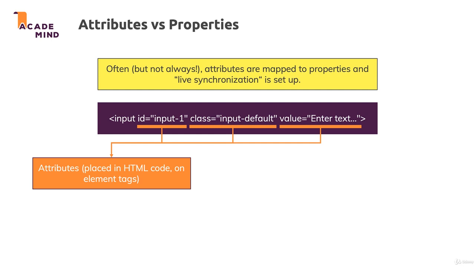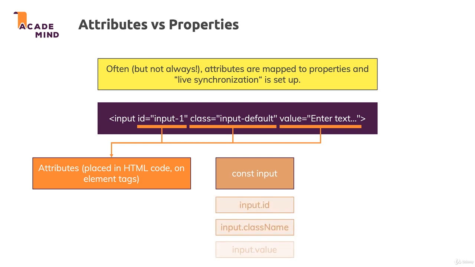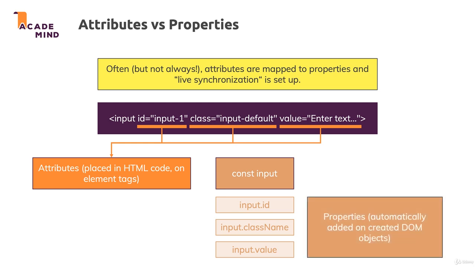And the idea of attributes is that you, if you're writing HTML code, can provide a certain default configuration to this to-be-created DOM object. So that's what you do with attributes and how they are translated to properties. And here, for example, we see that if we get access to this input element and store it in a constant, let's say we name it input, then we can read the ID from it, but also the class name and the value. And the properties, as I mentioned, are automatically added on the created DOM objects.